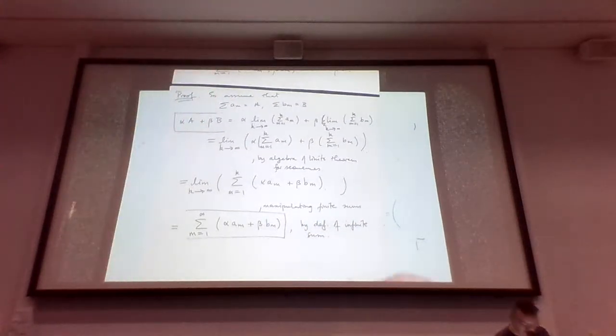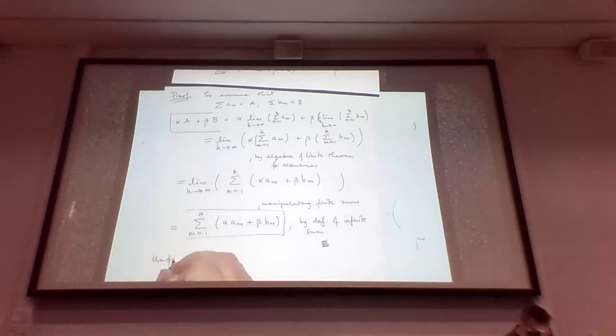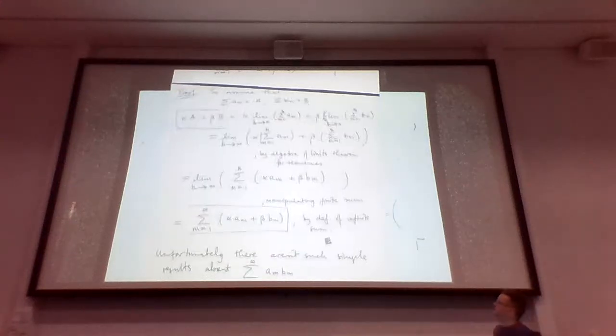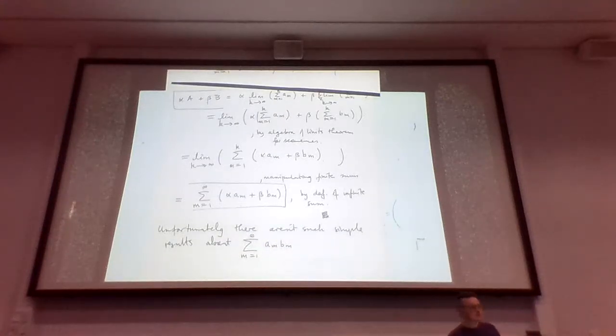Unfortunately, there aren't such simple results about, say, the infinite series where you're multiplying together corresponding terms.